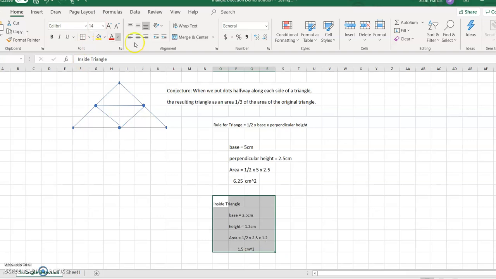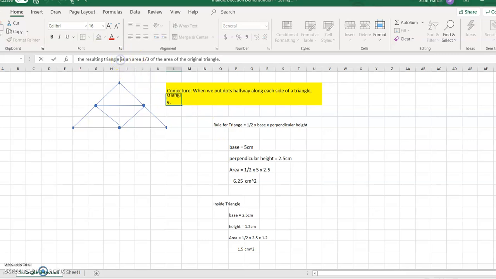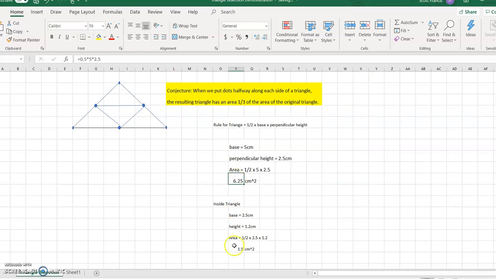And now we want to go back to our conjecture, which is here. When we put dots halfway along each side of a triangle, the resulting triangle has an area 1/3 of the original triangle. Well, it doesn't look like this, because the original triangle is 6.25, so 1/3 of that would be a little bit over 2 centimetres squared.